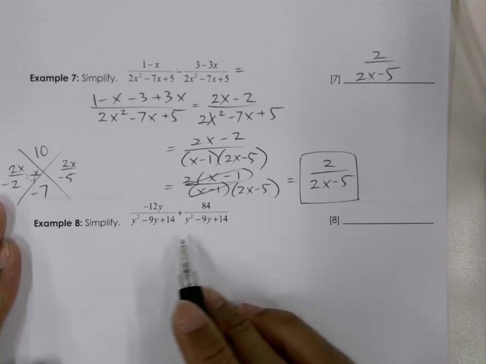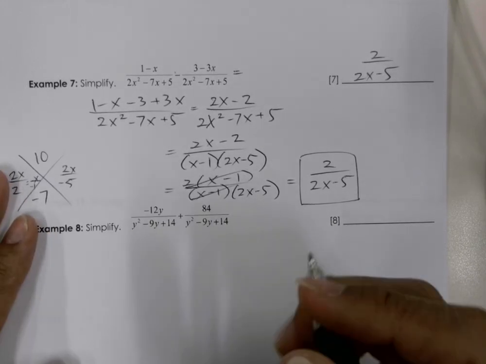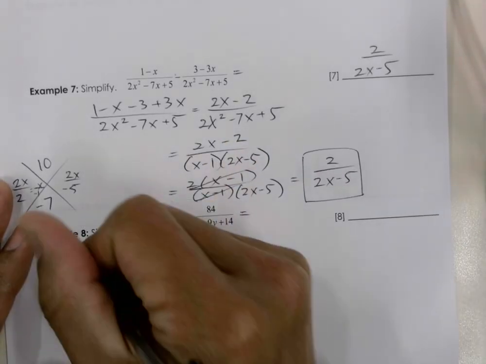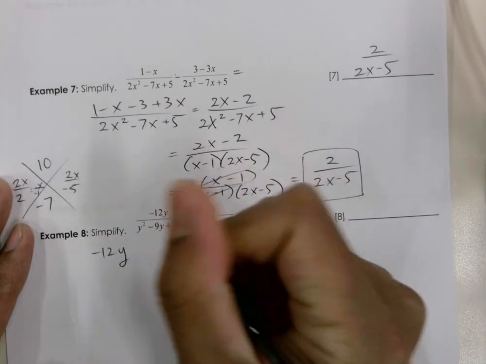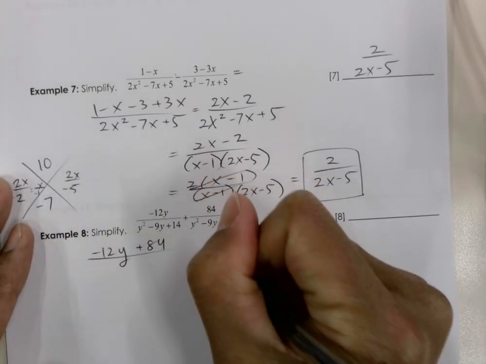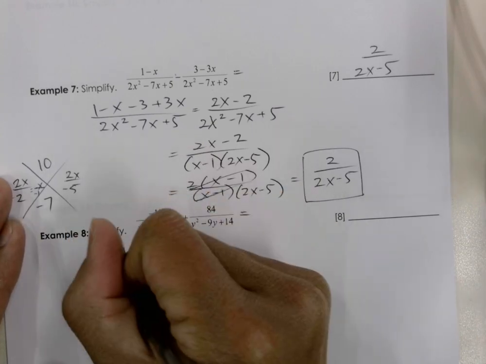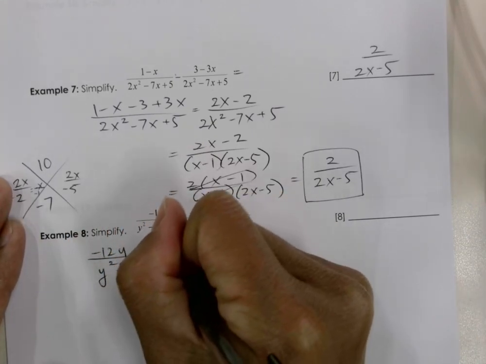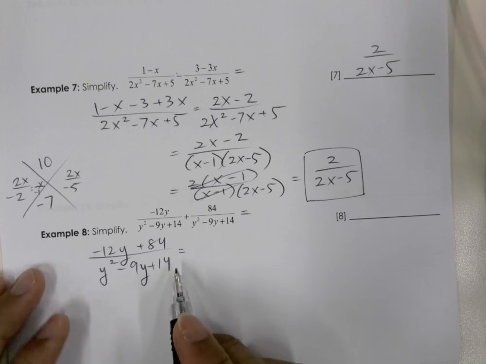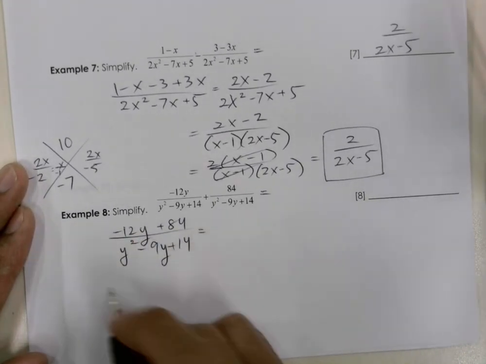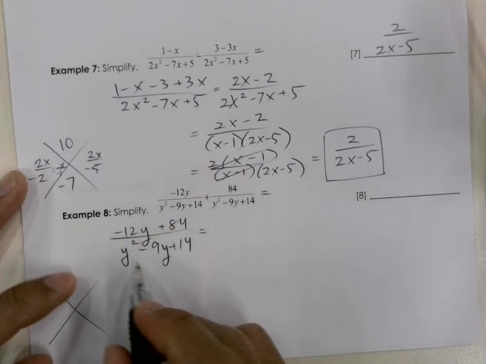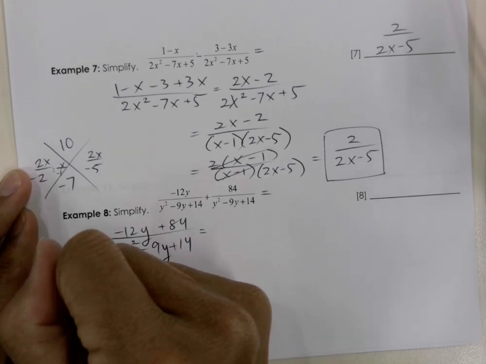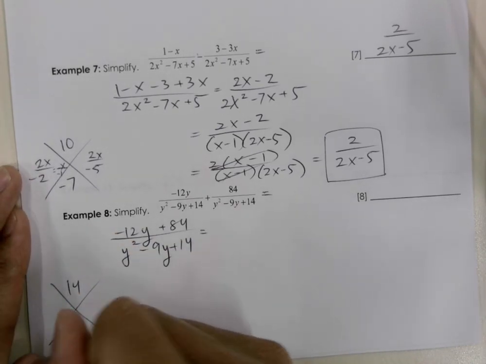All right, so here's another quadratic expression in the denominator. Let's go ahead and see what we get here. So it's negative 12y plus 84 over y squared minus 9y plus 14. So we want to factor the expression in the denominator. So a times c is 14, and then b, negative 9 at the bottom.